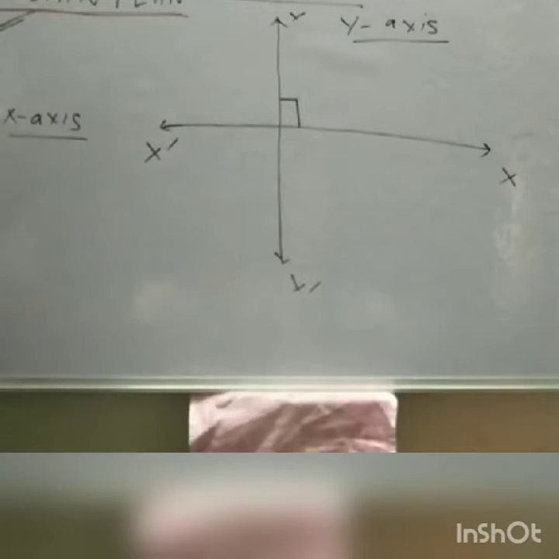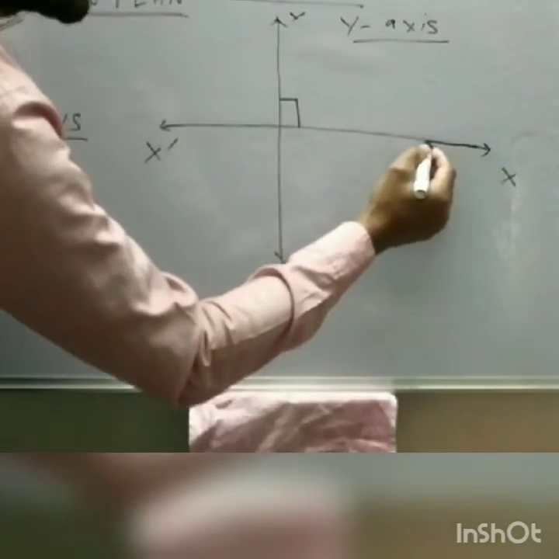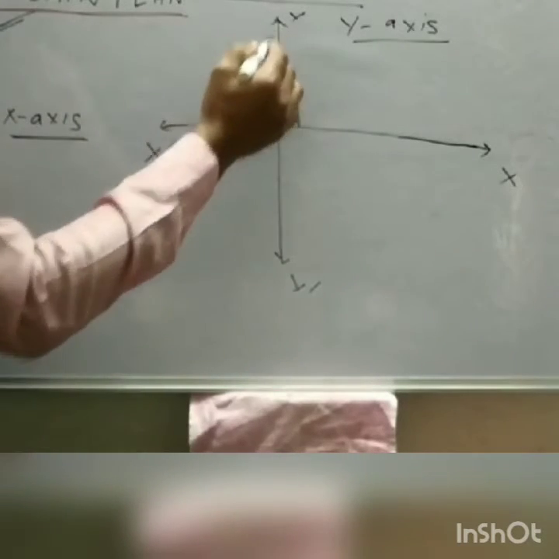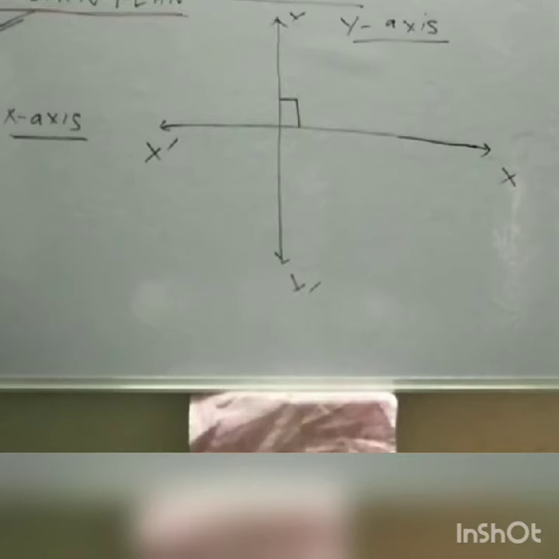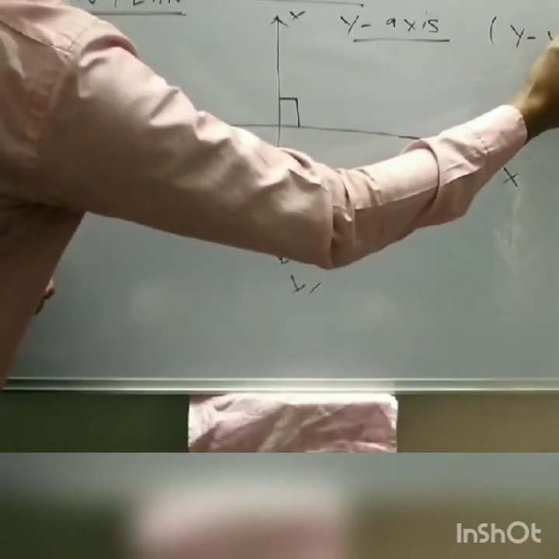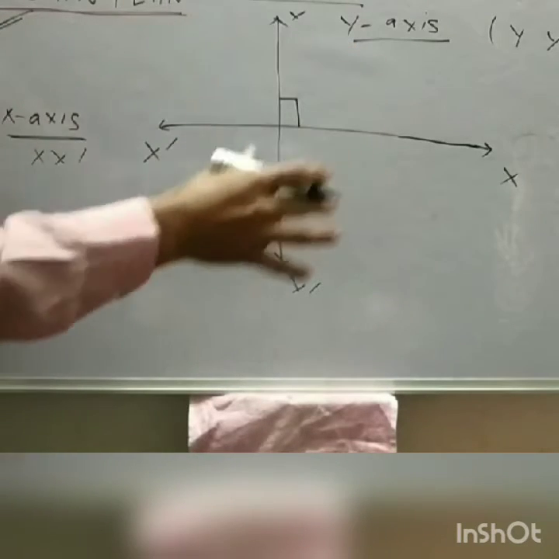Now look here. The line which is horizontal is known as x-axis, and the line which is vertical is known as y-axis, represented by x dash and y dash. So students, today we will locate some points in this Cartesian plane.